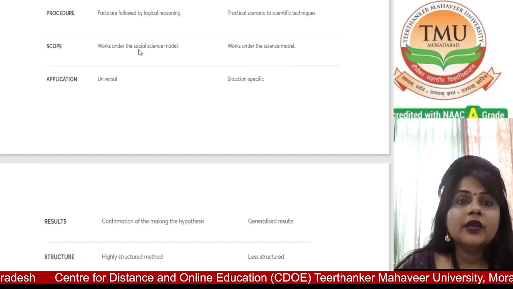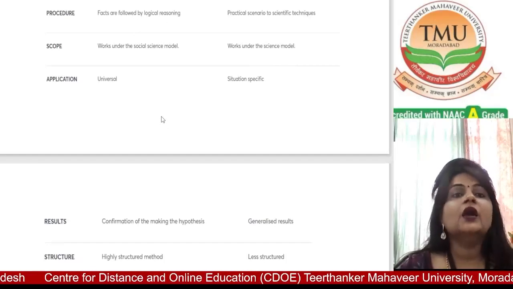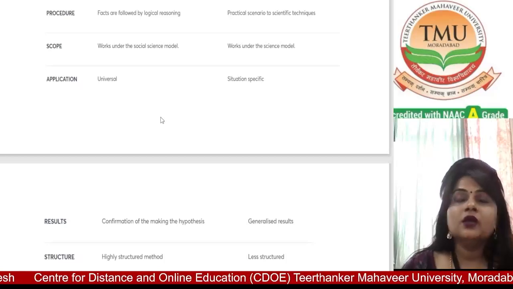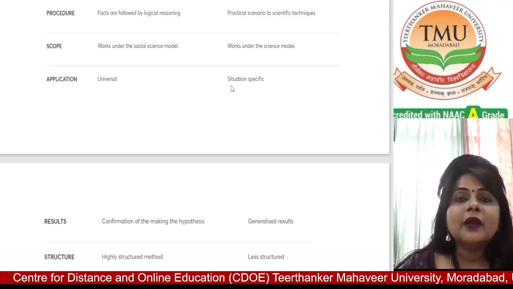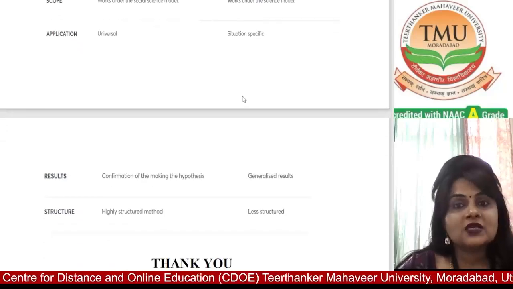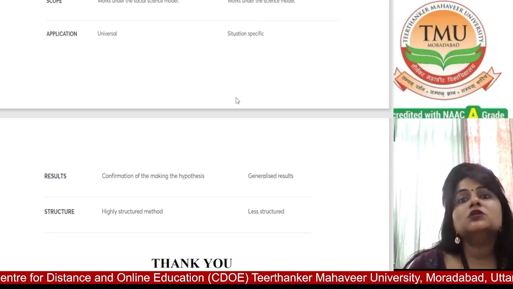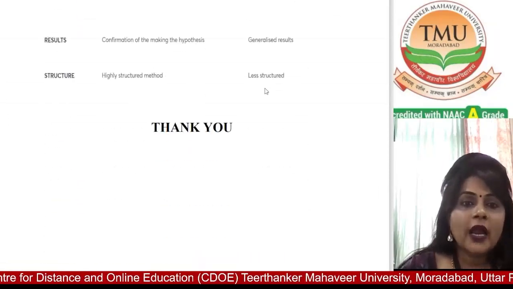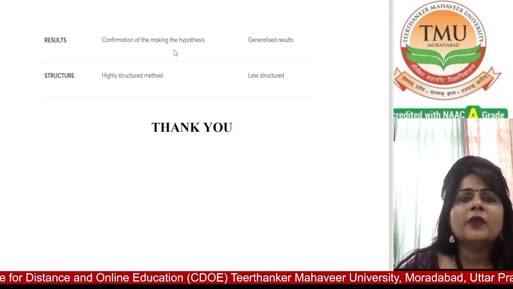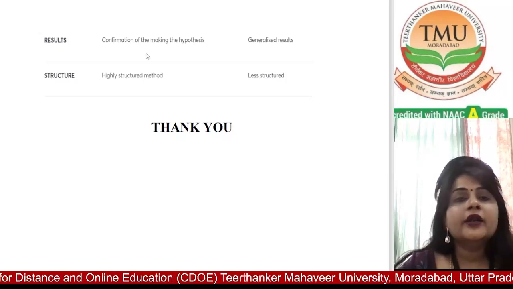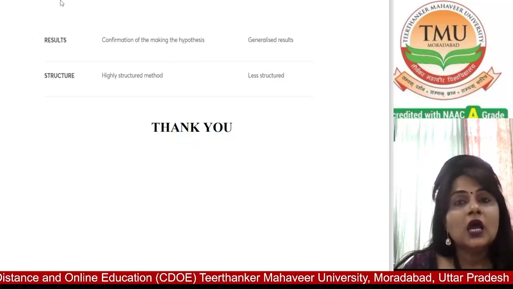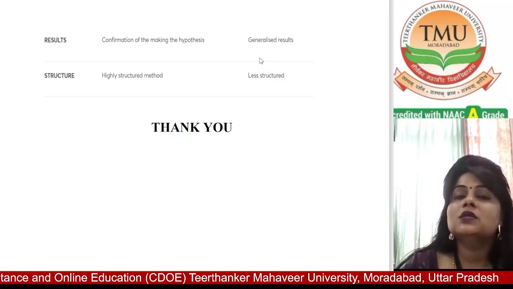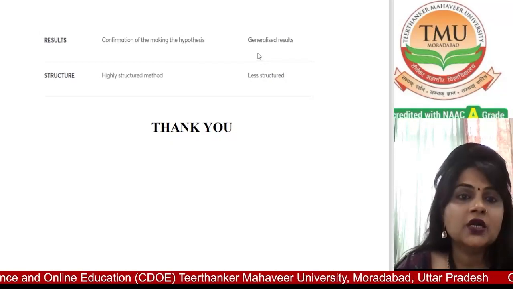Next, the deductive method is universal, because it goes from general to particular, and the inductive method is situation specific, because it goes from particular to general. And confirmation in the deductive method depends on confirmation of the hypothesis, and the inductive method depends on the generalization of results.